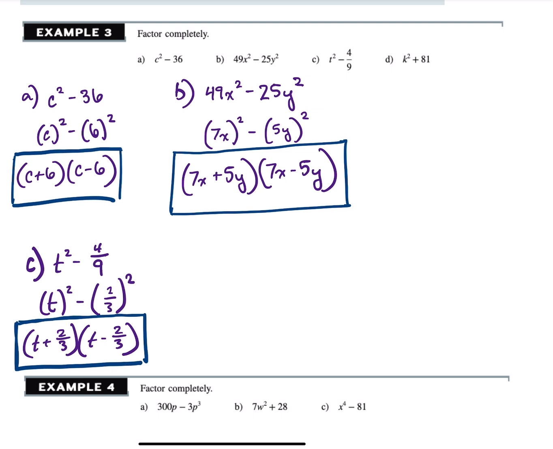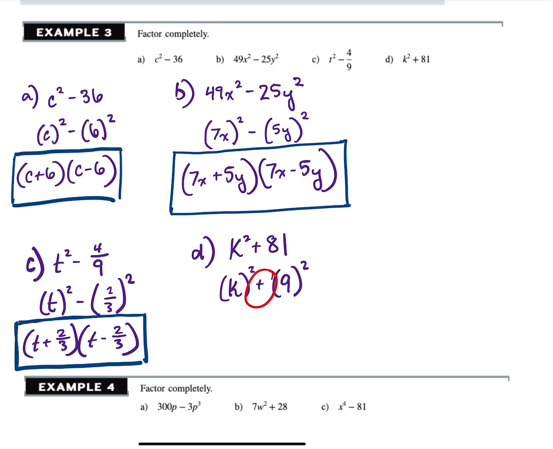And then let's look at part D. We're given k squared plus 81. So we do have two squared terms. We have k squared, and 81 is 9 squared. But this is a sum of two squares. So this pattern only works if we have a difference, if it's a squared minus b squared.